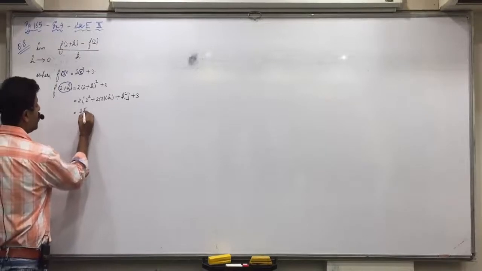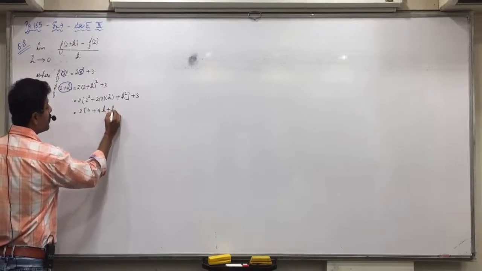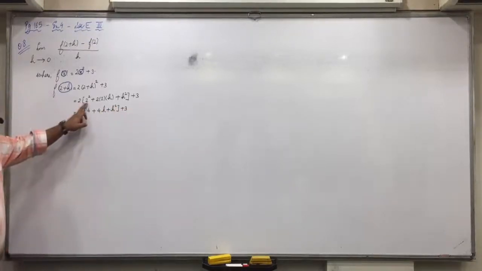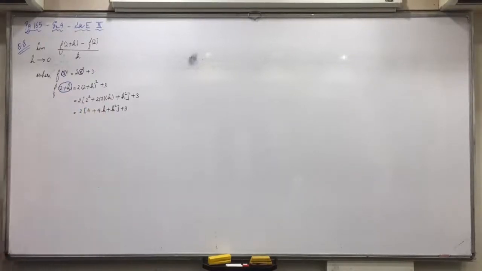Now 2 into (4 plus 4h plus h square) plus 3. 2 square is 4, 2 into 2 is 4h, plus h square. Understood that everyone?